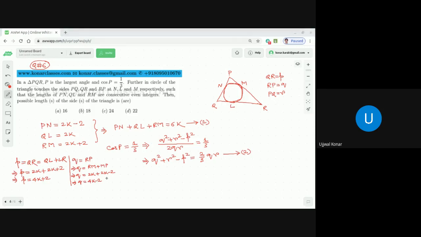Q is equal to RP. So RM plus MP. RM is equal to LR. Sorry, I made a mistake. RM, I made a small mistake here.